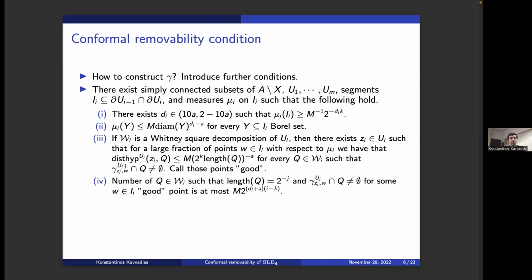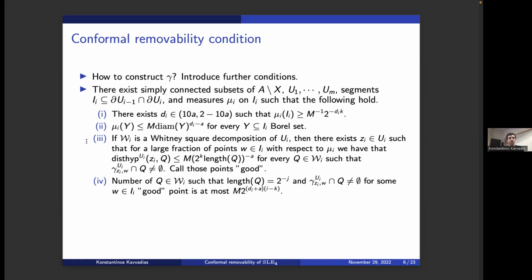If we consider the hyperbolic geodesic starting from the interior point and terminating at w, then for every Whitney square that such a hyperbolic geodesic intersects, we have an upper bound on the hyperbolic distance between the interior point and the square: it is at most a constant times 2 to the k. 2 to the minus k here is the size of the annulus. This constant comes from scaling, times the length of Q to the power of minus a. So I will explain in a few minutes how this condition helps.